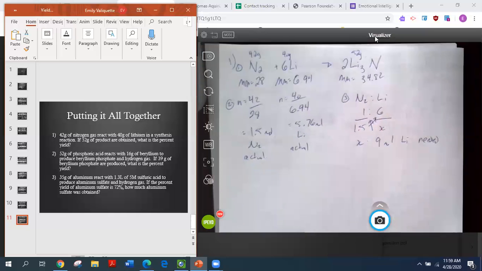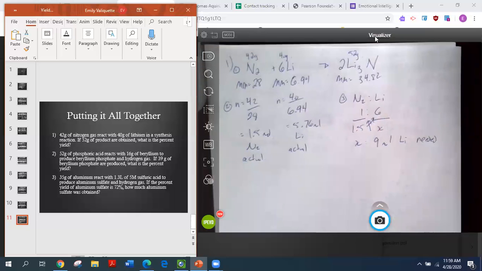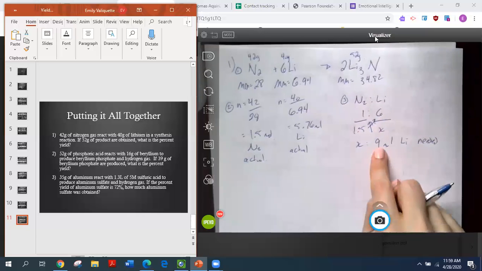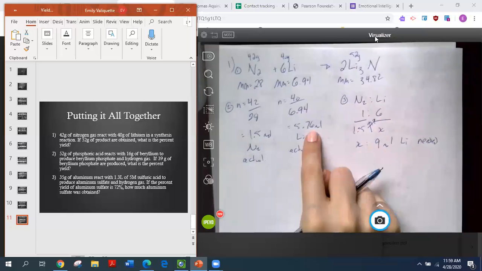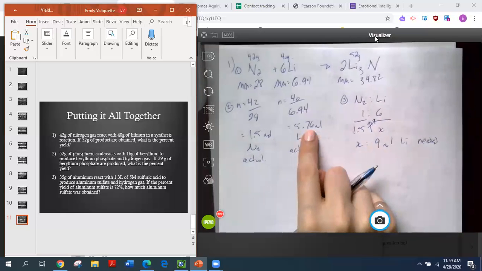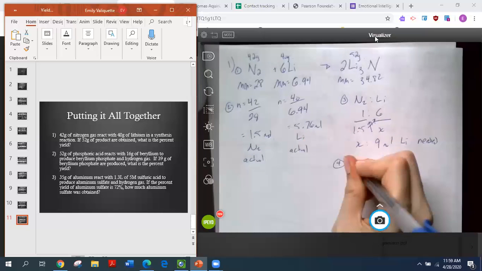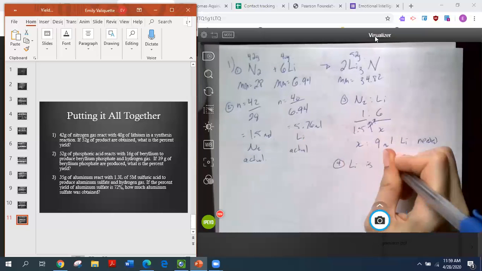Now, as you can see, I need 9 moles of lithium. I only have 5.8-ish moles, which means that lithium is limiting.